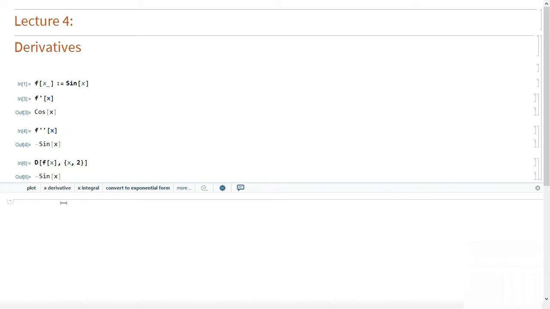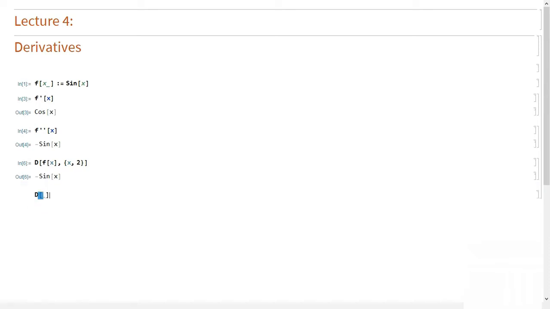But let's say I want to evaluate the derivative of the sine function at a particular point. Let's say x equals 0.5. How do I do that? The way to do that is the following. Again, I'll just type for you. Notice that whenever you are typing this expression, that is, you are just giving only x, it will automatically understand that you are trying to evaluate the first derivative.